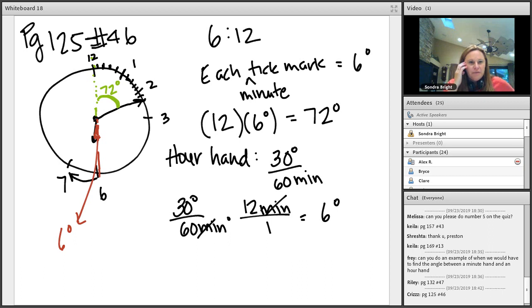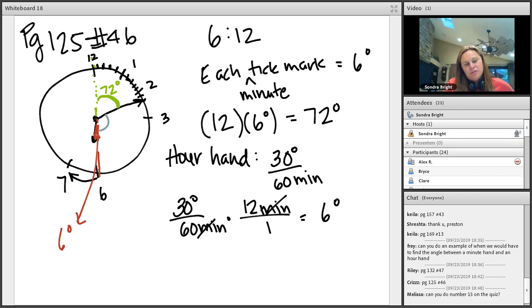All right, so to figure out the angle in between, what we know is that the angle here between the minute hand and it pointing straight down at the 6, that's a supplementary angle. So this guy is 180 minus 72 degrees, which will give you 108 degrees.